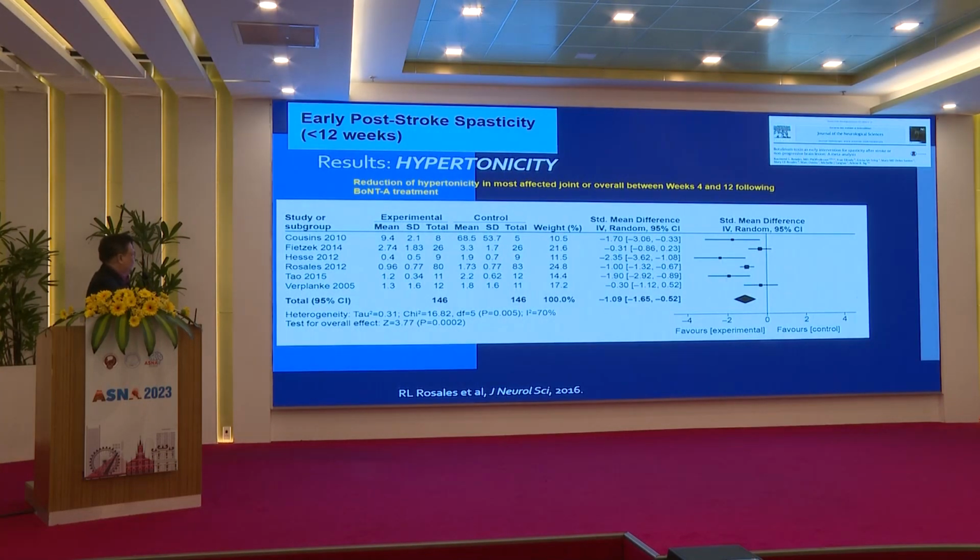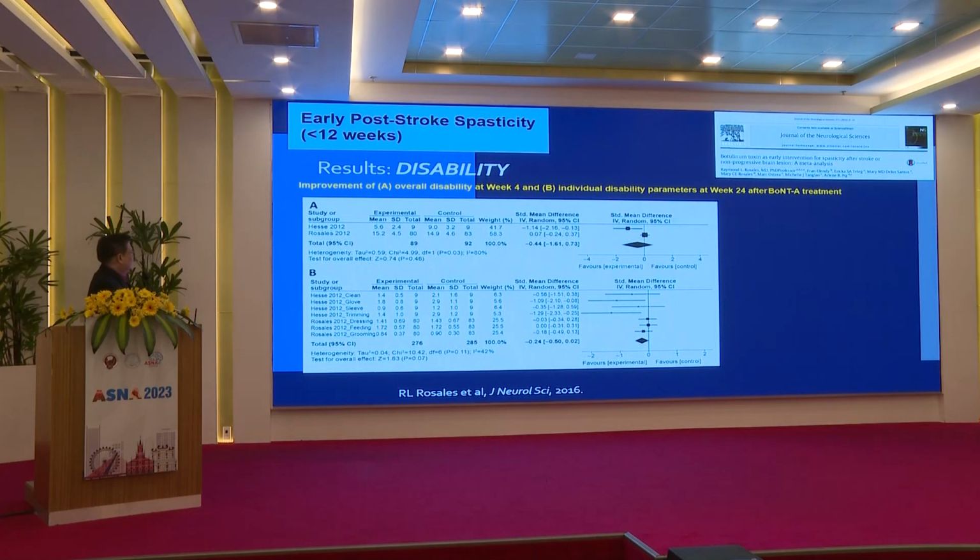If you look at early intervention studies in the upper limb, you can see that when it comes to hypertonicity, early intervention studies do show that it impacts on hypertonicity, especially in weeks 4 to 12 post-injection. The same is true with the disability or the passive limb functions, especially if you do a sub-analysis looking at disability in the upper limb.